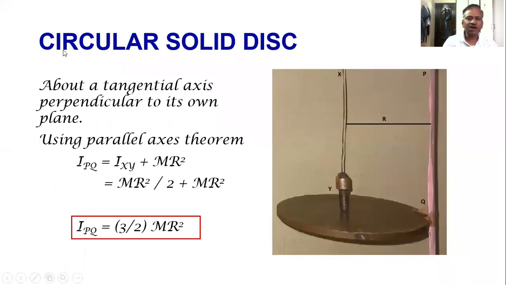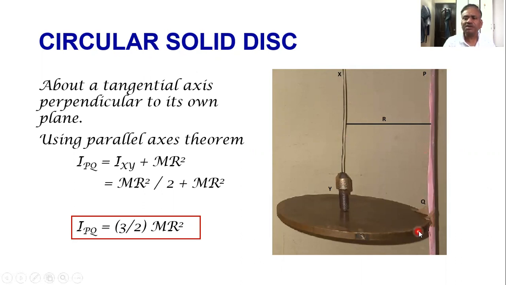Okay. Now you see in this situation, this axis is passing through XY. But now, about this axis we're talking, this axis is PQ. See here, PQ and XY are parallel. But I am interested in calculating about PQ.